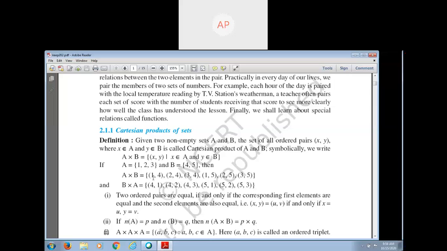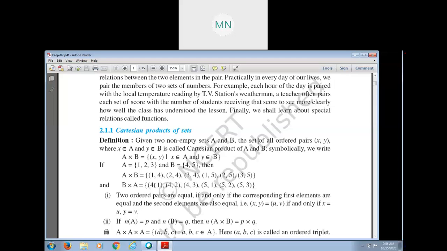Is 1 equal to 4? Is it true or not? Not true, ma'am. 1 does not equal 4. So these ordered pairs are not equal.